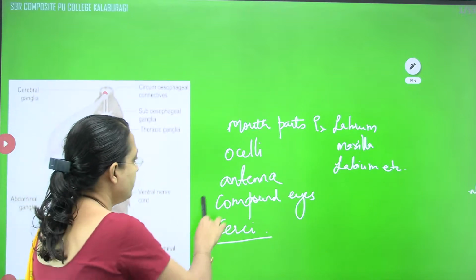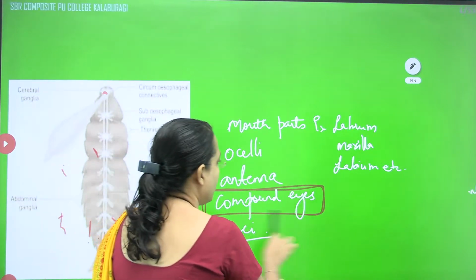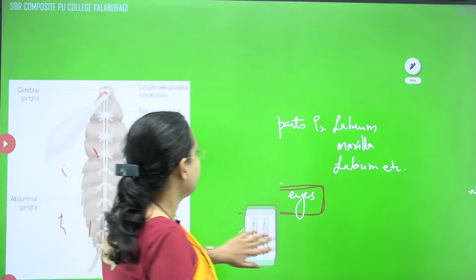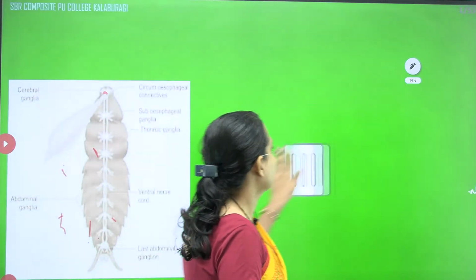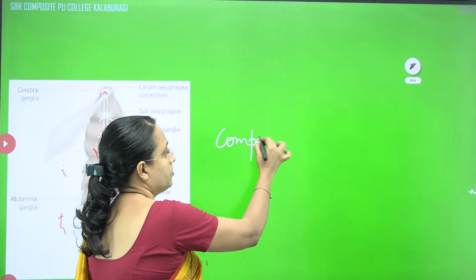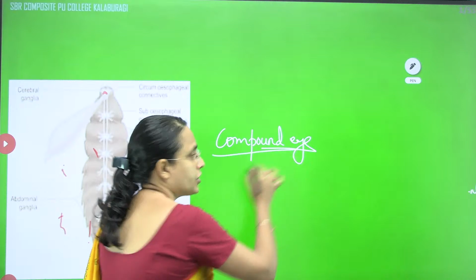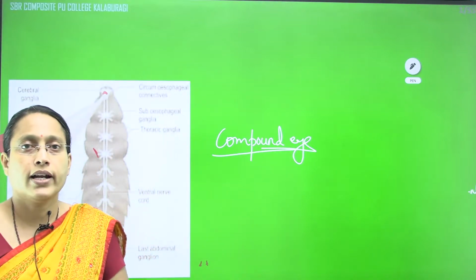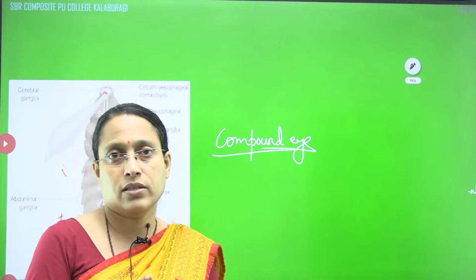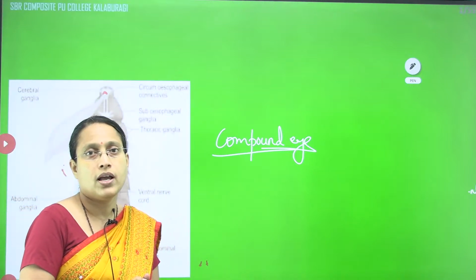Out of that, I'll be explaining about the compound eyes of the cockroach. So the compound eye of cockroach is kidney shaped. It is located at the dorsal part of the head near the lateral side, so dorsolateral position is the location of the compound eye.